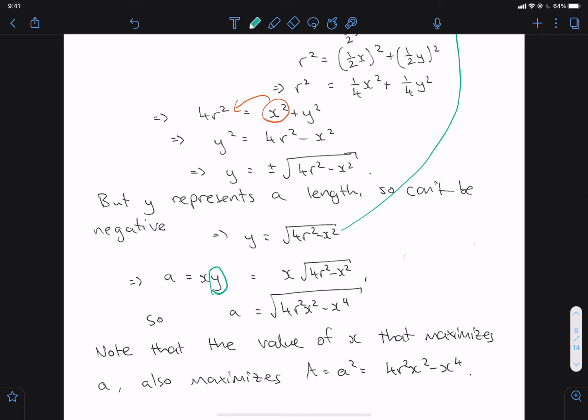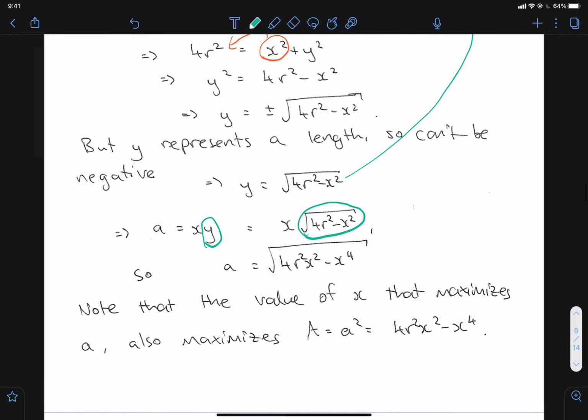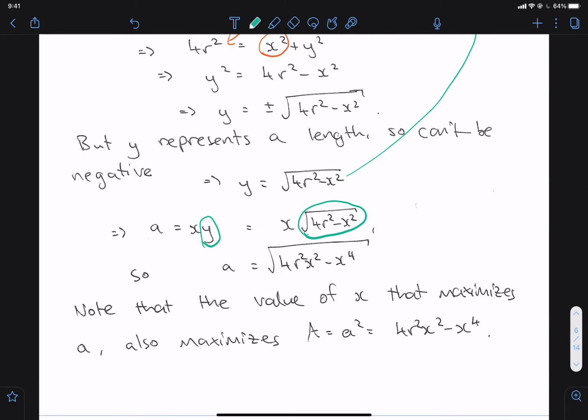This y is replaced by this square root thing here. And then we let x go into the square root, so it becomes x squared, right? Now we have 4r squared x squared minus x to the 4. It was originally x to the 2, but it multiplied with the x squared, so it becomes x to the 4.